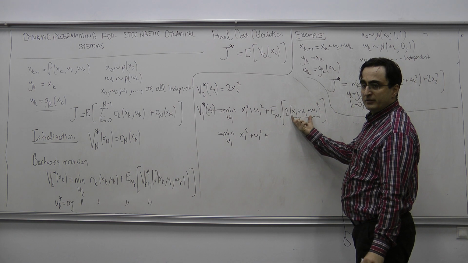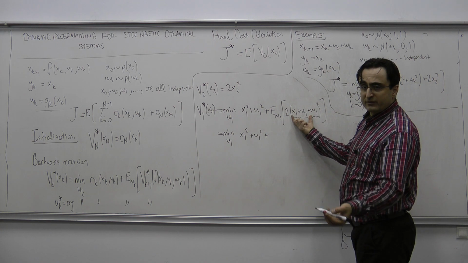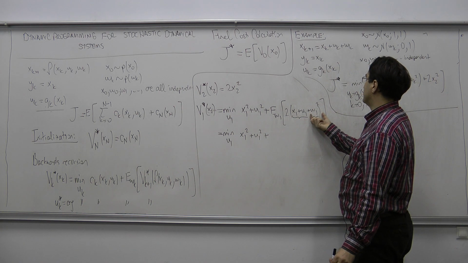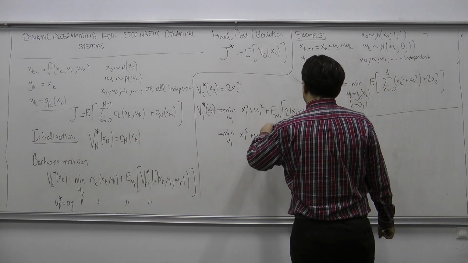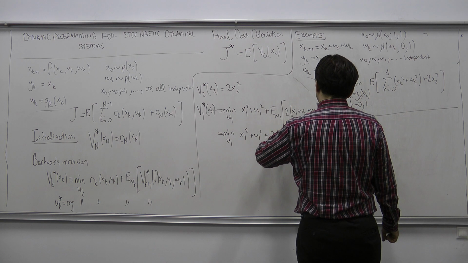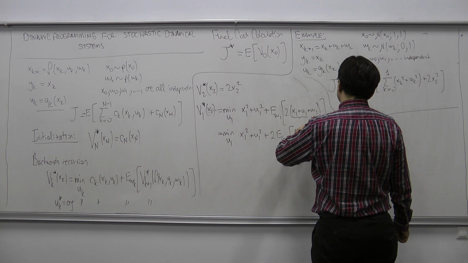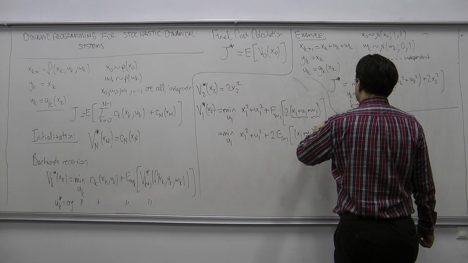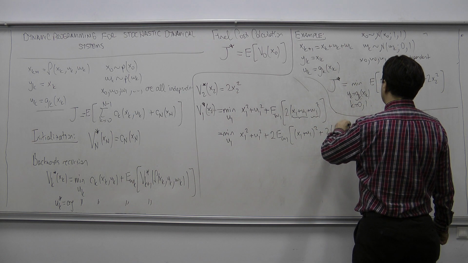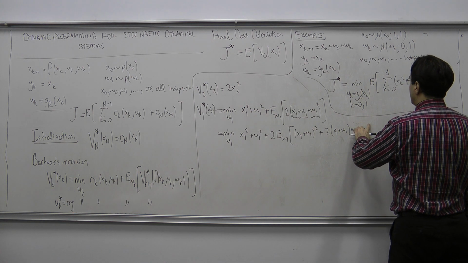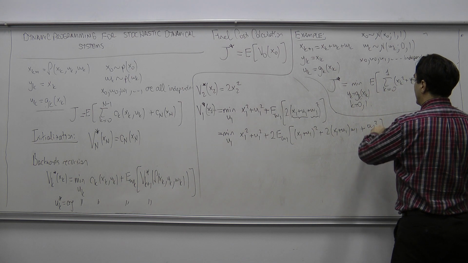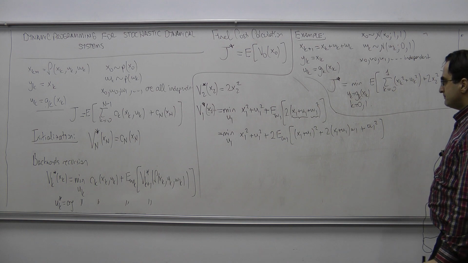These are my deterministic terms because x1 is given to us, and w1 is the stochastic term here. So let us write this: 2 times the expected value over w1 of (x1 plus u1) squared plus 2 (x1 plus u1) w1 plus w1 squared, okay?